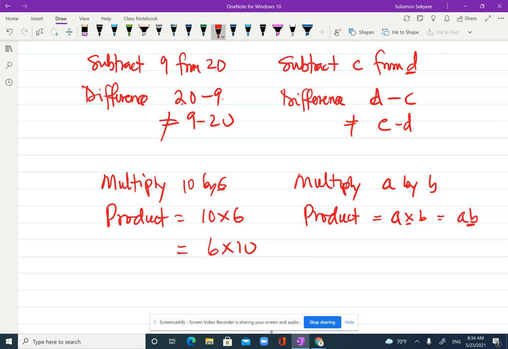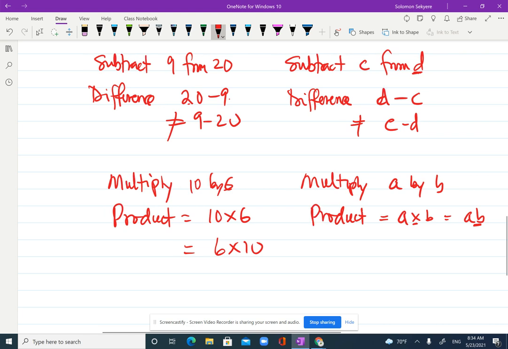You're going to get used to not writing the multiplication sign. When you see two letters like that, they are multiplying. And this is the same as B times A, or BA.